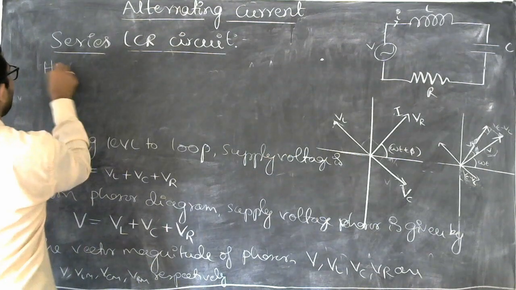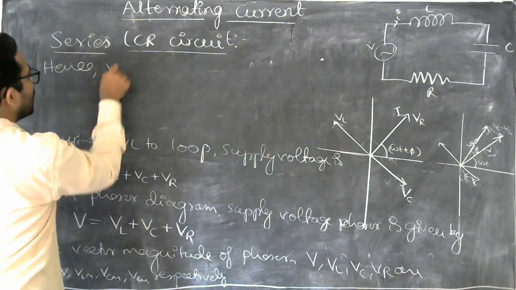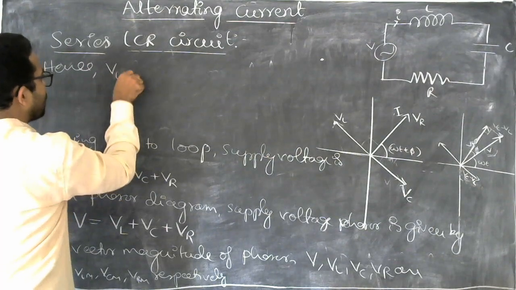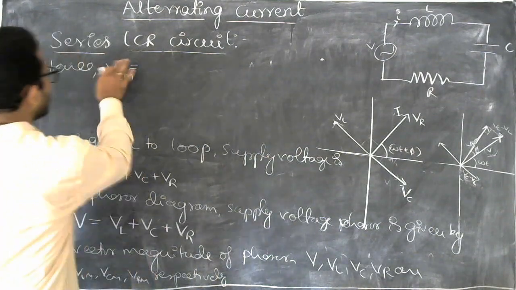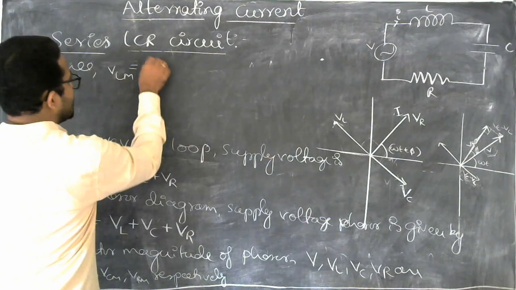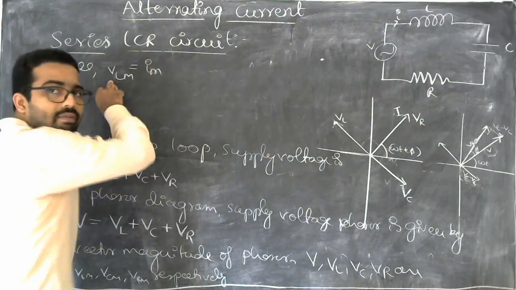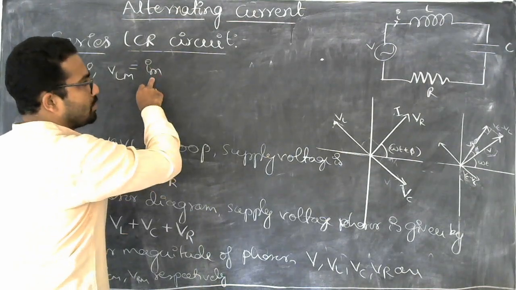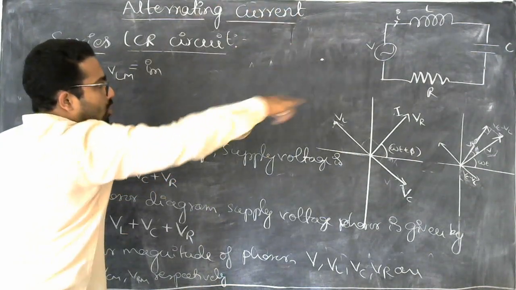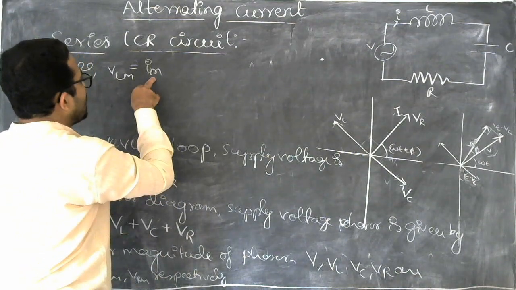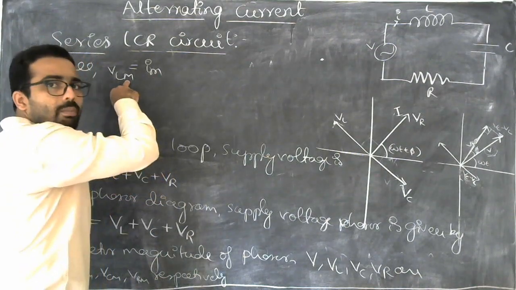Hence, VLM, the peak value across the inductor, can be written as IM into XL, because using Ohm's law we can write the value of this magnitude. IM is the current. Current through all the components should be the same. That's why we should write IM only. I write IM because we are writing the peak value of voltage.